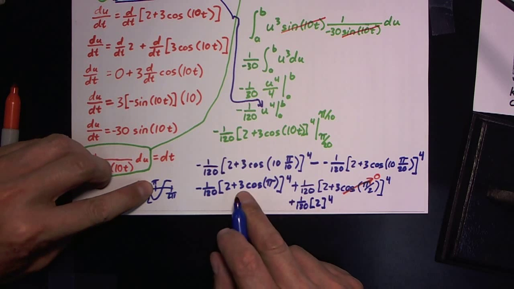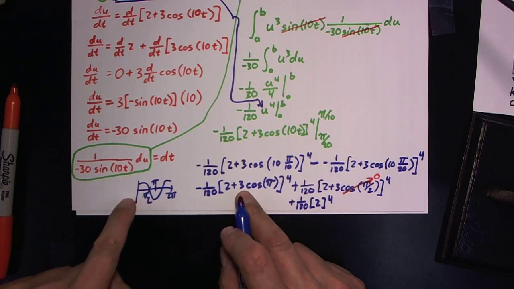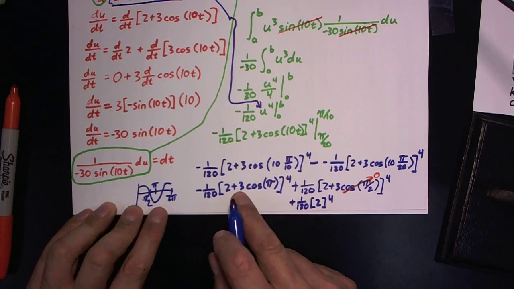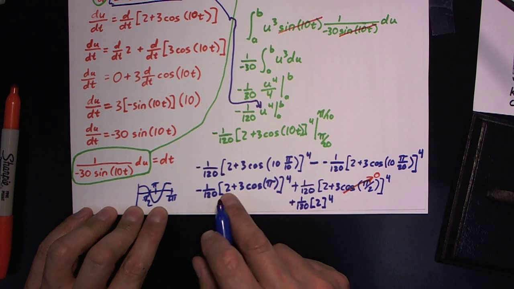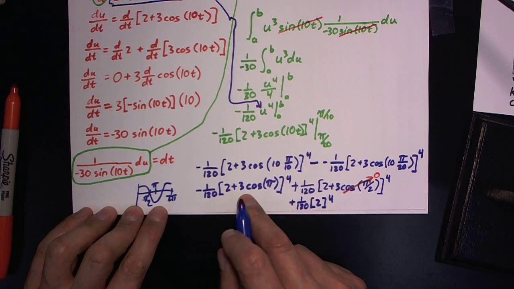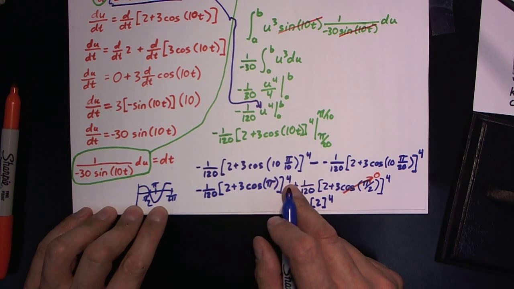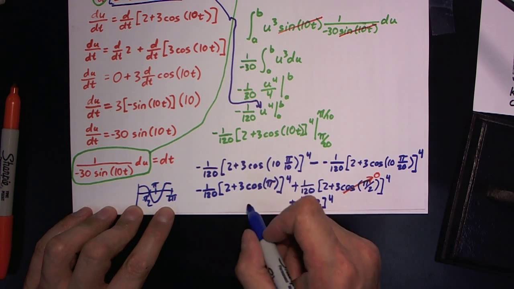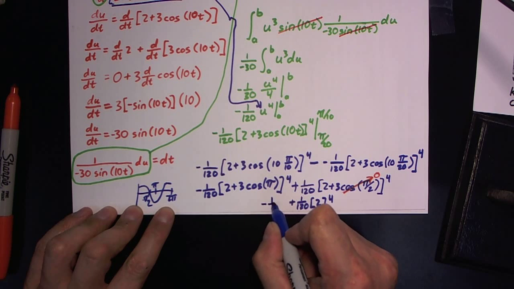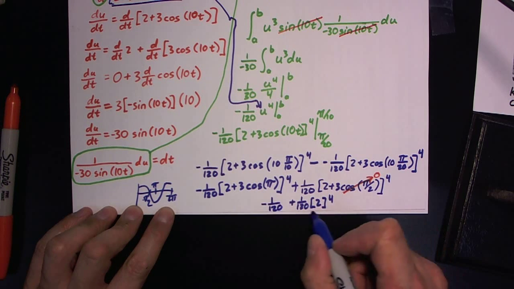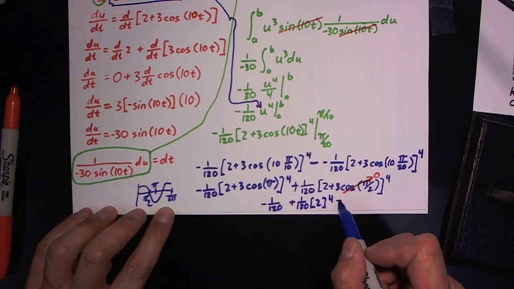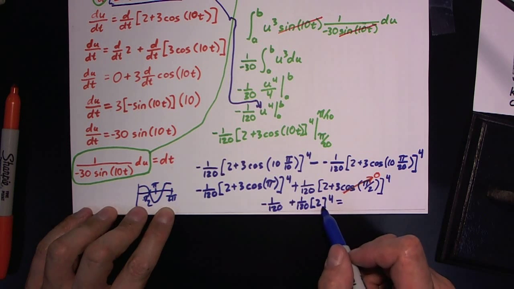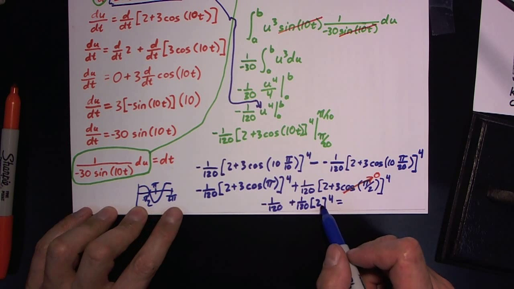Alright, let's see what we get over here. Okay, so cosine of pi is negative 1. Negative 1 times 3 is negative 3. Negative 3 plus 2 is negative 1. Negative 1 to the 4th power is 1. So this is going to be 1 over 120. Okay, so let's see, 2 to the 4th power, that's, 2 squared is going to be 4. 4 times 4 is 16.